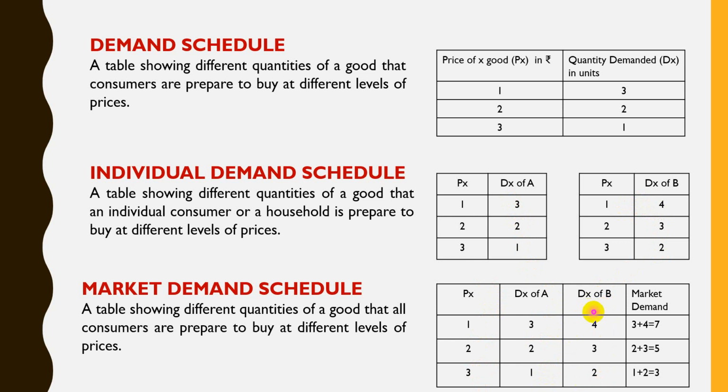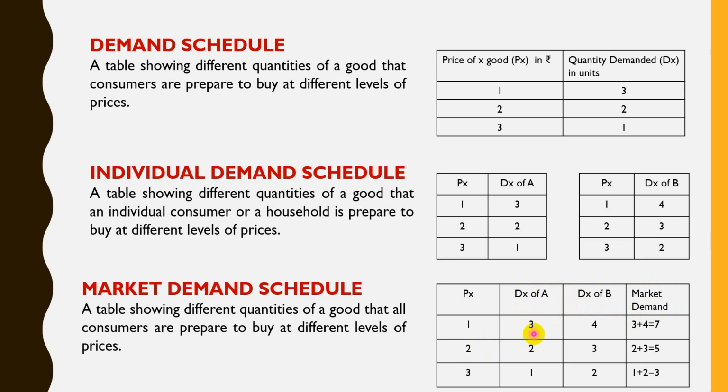How to get the market demand? The market demand is the total of individual consumers' quantity demanded. That is, we get the market demand by adding the quantity columns of individual consumers.